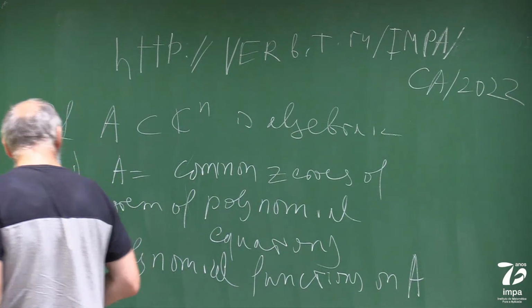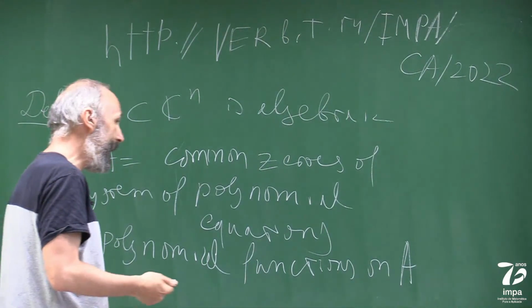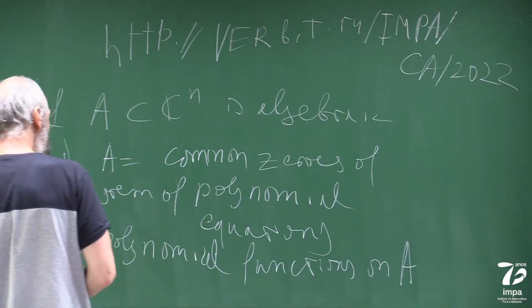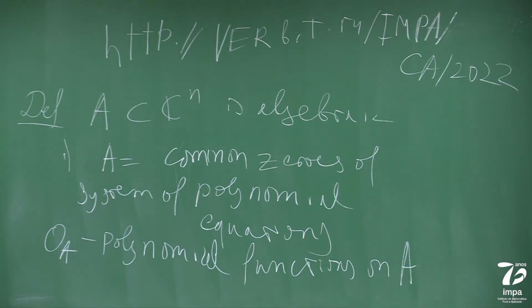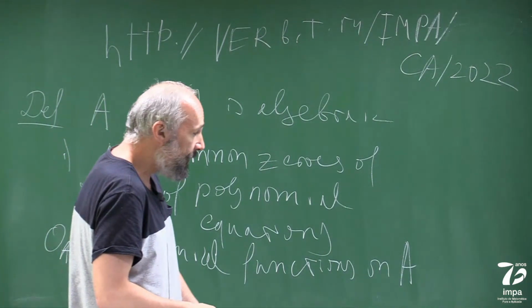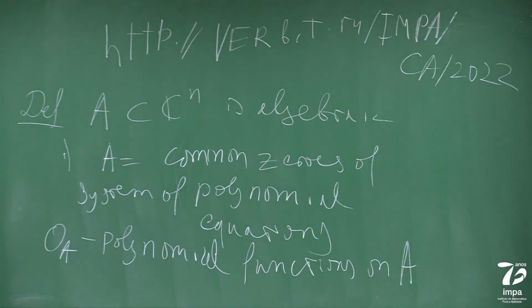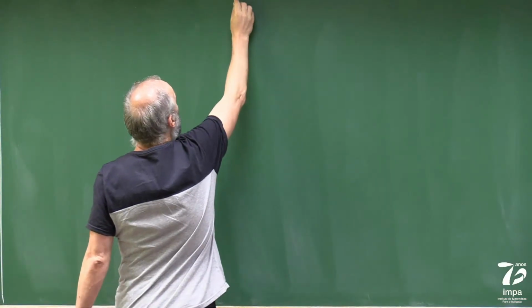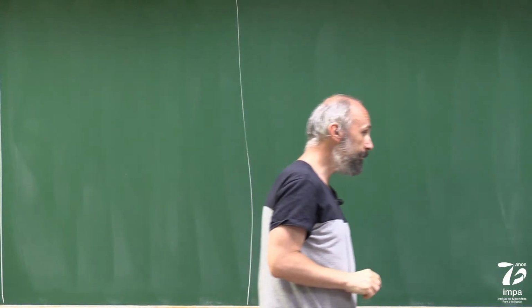So you should think about A as your manifold where you work, like a variety, and the polynomial functions are your functions. For instance, this is very similar to how you work in differential geometry when you consider smooth functions, or with complex manifolds where you consider holomorphic functions.